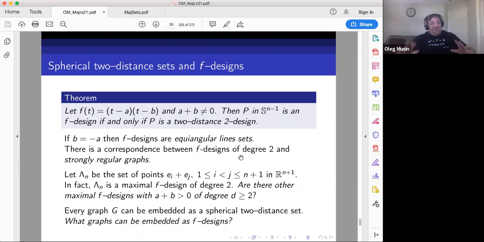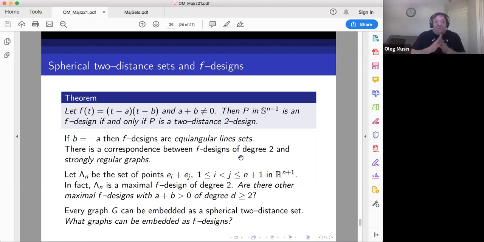Maybe this problem is very complicated. We have known this problem for many years, but there is not big progress. But if you restrict to only F-designs, can we prove that it is unique, or maybe find another one?